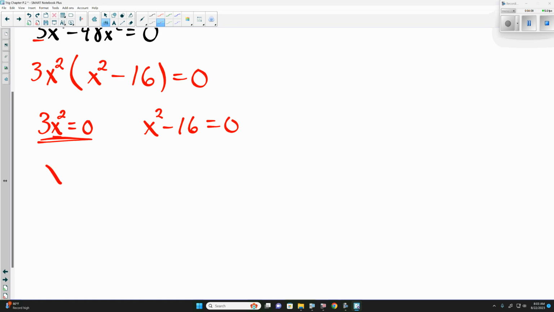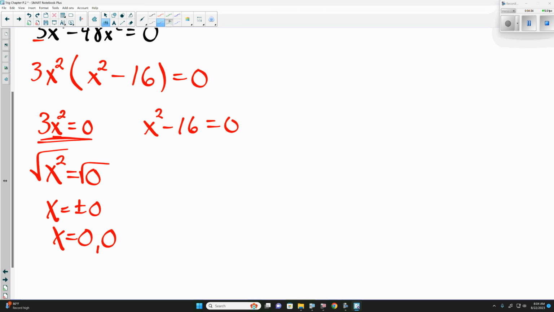Yeah, our variable. So really we're just saying x squared is equal to 0, which we could square root both sides and say x is equal to plus or minus 0, really just x is equal to 0. And if we want to be particular about it, just 0, 0. It's got a multiplicity of 2.